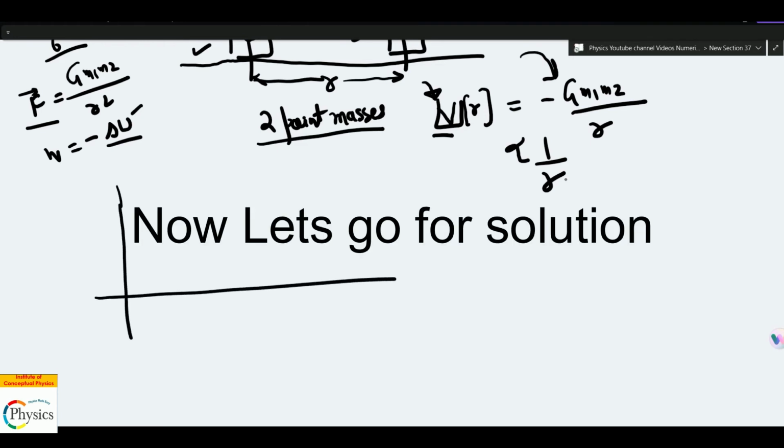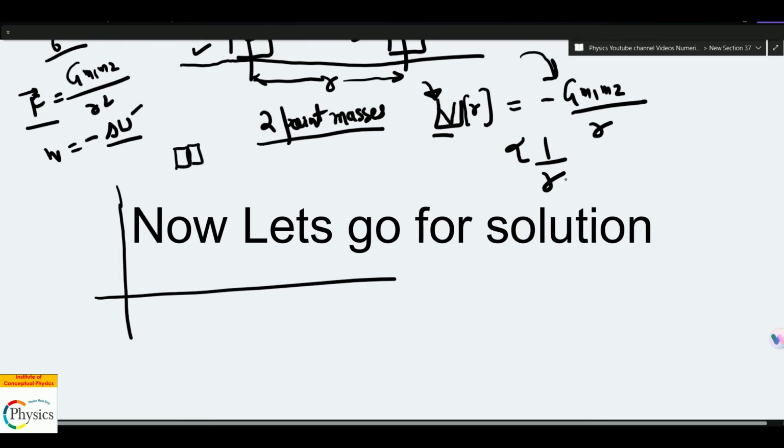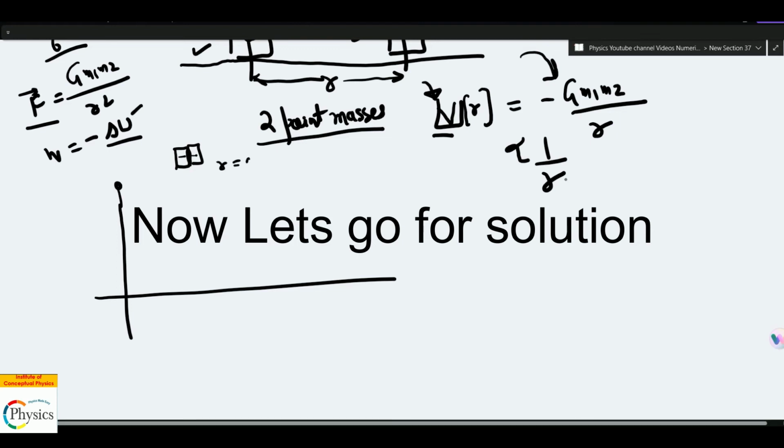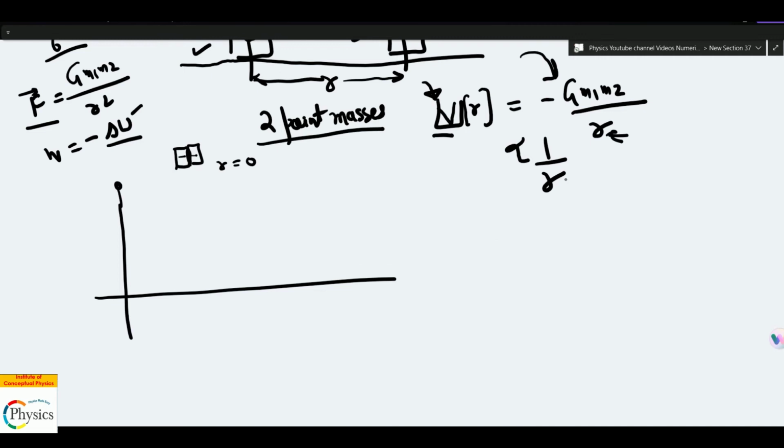If the bodies are very close to each other, like they're colliding at this point, the distance between them is practically equal to 0, so they're touching each other. Potential energy is going to be infinite because I put r equal to 0 here.